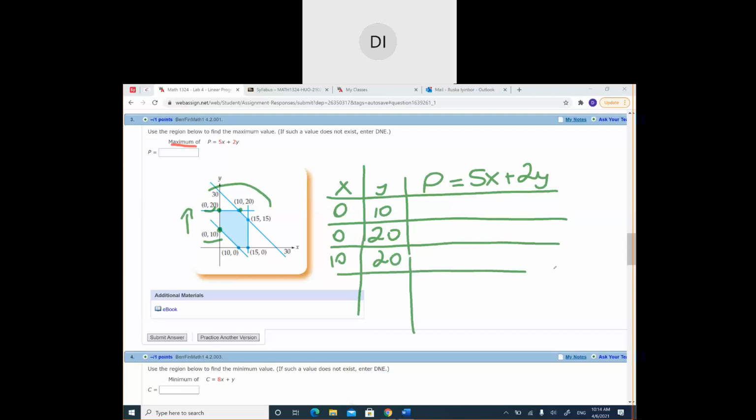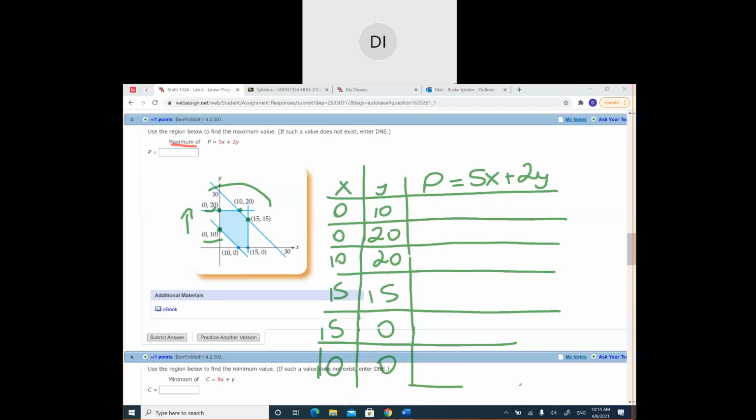And then we have another one, 15, 15. And then I have two more. I have 15, 0, and 10, 0. So these are all the vertices given.